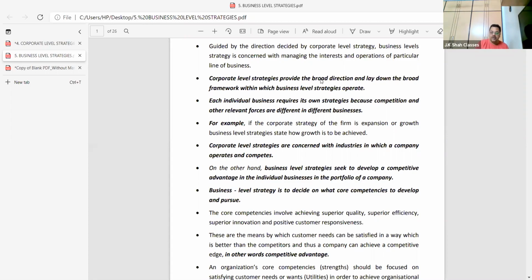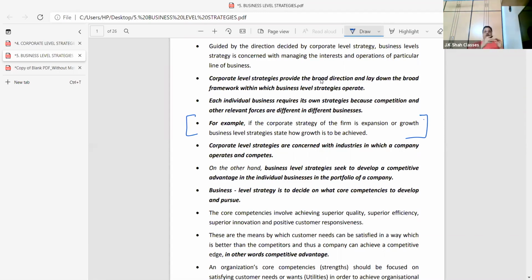If the corporate strategy of the firm is expansion or growth, business level strategies state how growth is to be achieved. This is a very important sentence, beta, and you have to remember this. All of you just go through it fast. If the corporate strategy of the firm is expansion or growth, Ratan Tata says we want growth in Tata Motors, and beta, actually that is happening.